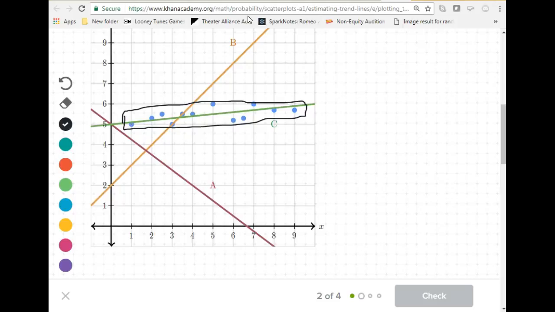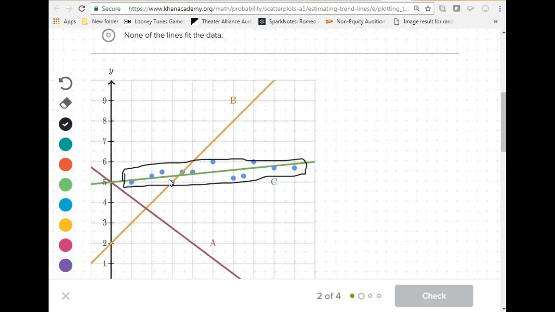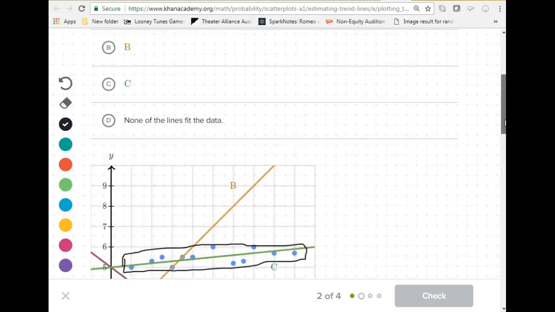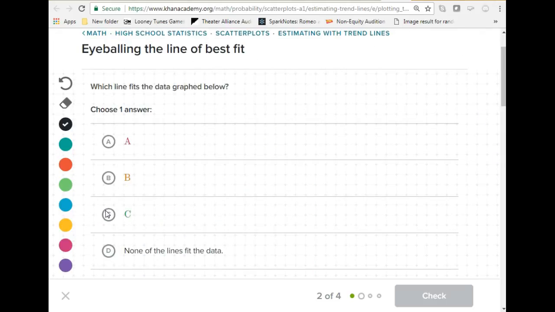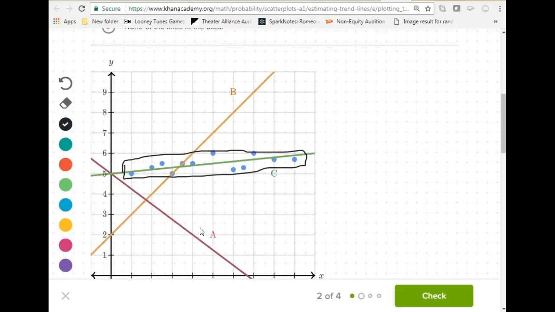And B is a very strong positive, and it's cutting way past it, only almost touching 2 points. Well, it doesn't have to touch points. It just needs to be a good representation. So we can clearly see that C is the correct answer.